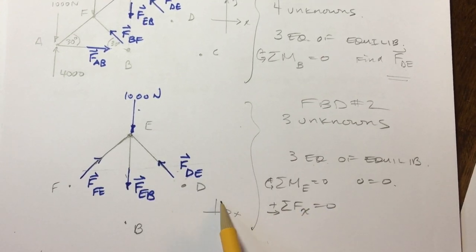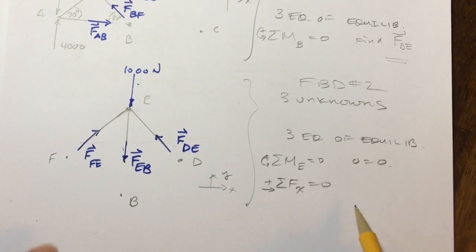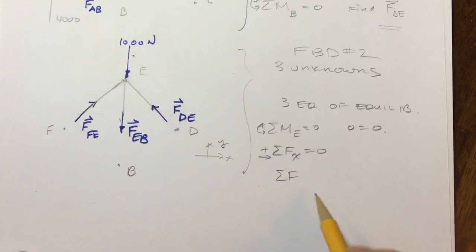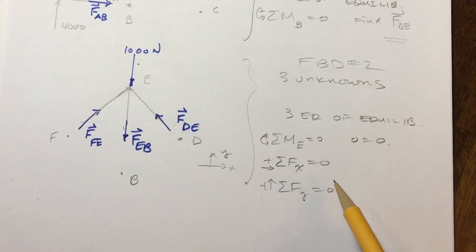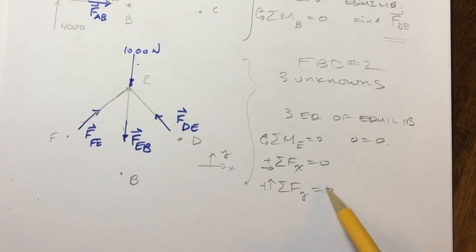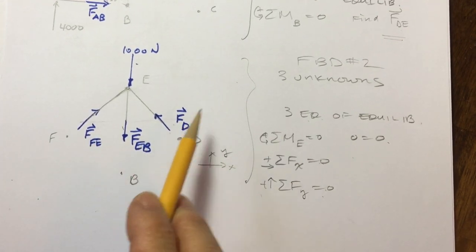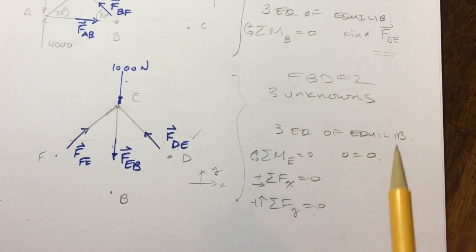And using this coordinate system, xy, that would lead me to one equation. I'll have the sum of the forces in the y. That'll lead me to another equation. And that means I have two equations with two unknowns because we just found FDE using the previous free body diagram. So let's see how that all works out.